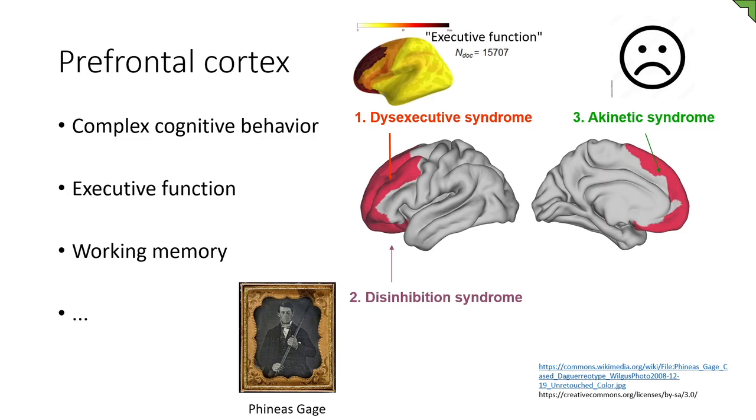And then we have something a bit similar on the medial part of the frontal lobe, near the cingulum, in the anterior cingulum. We call this psychomotoric activation.